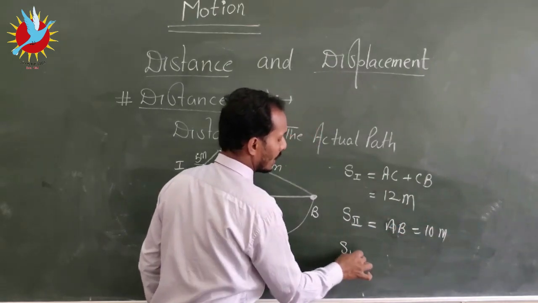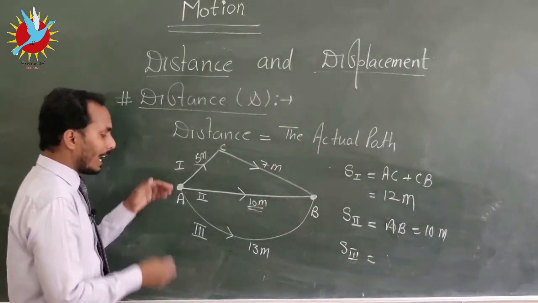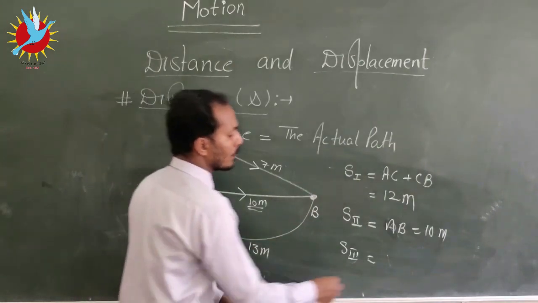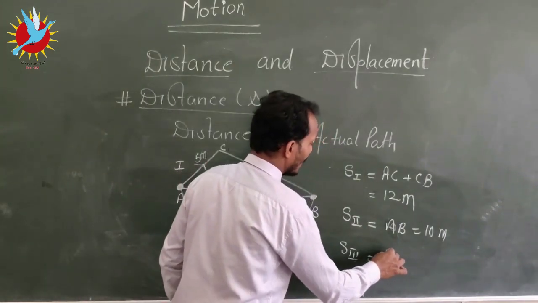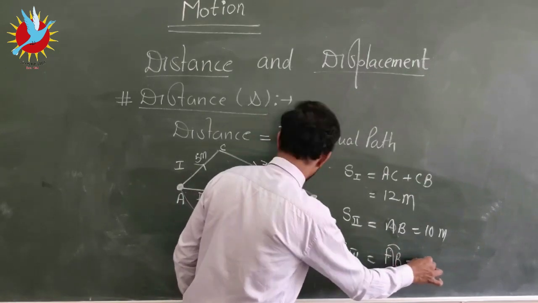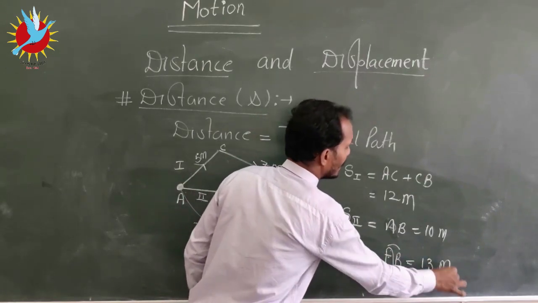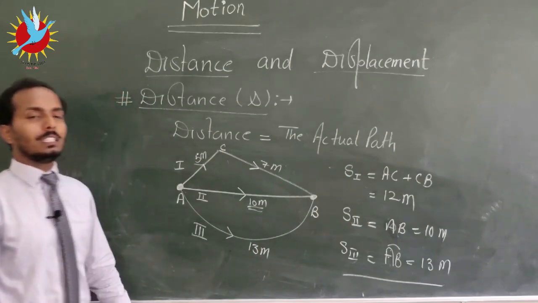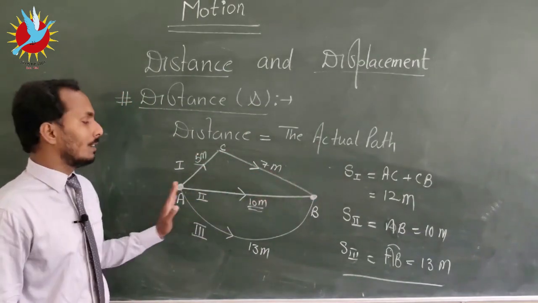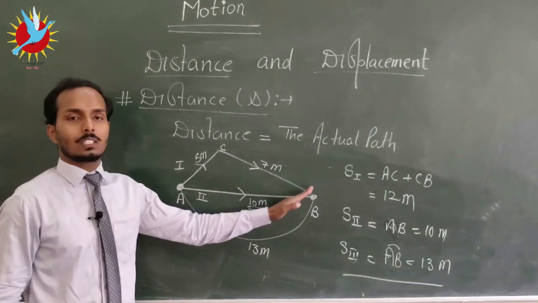And in the third route, the actual path covered by the person is 13 meter, and AB is an arc, so it is known as an arc of 13 meter. In this case, different paths are followed, so the person covers different distances.